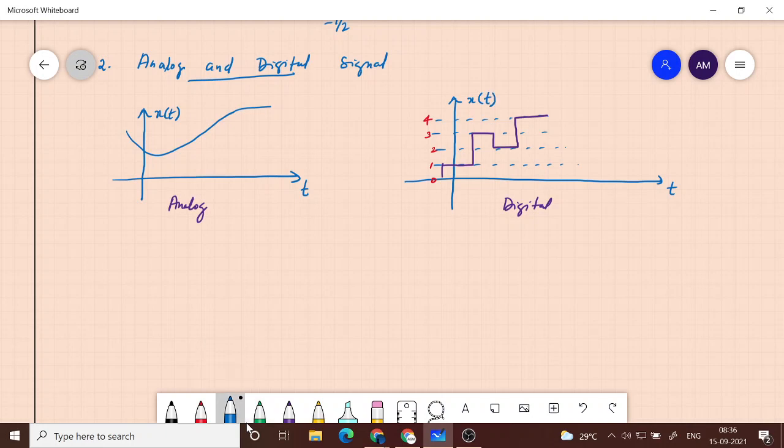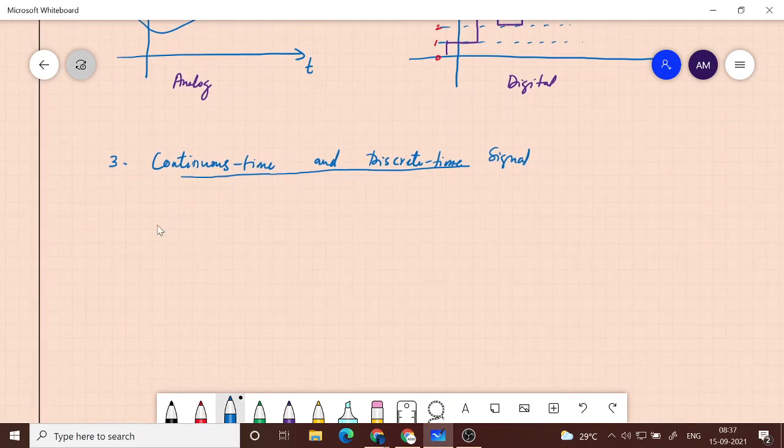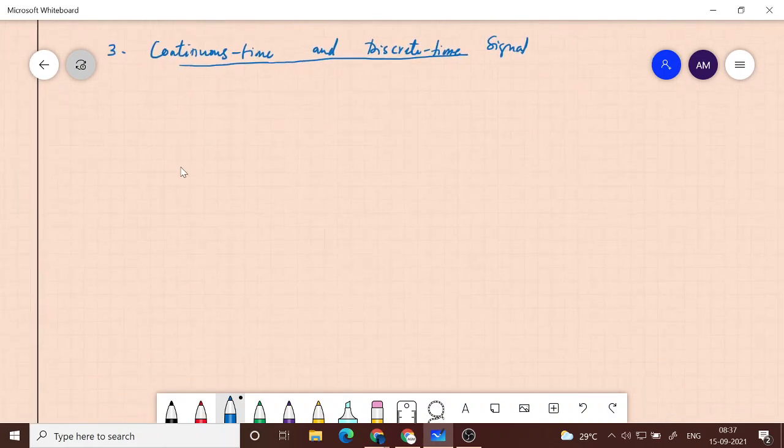A third classification is into continuous time and discrete time signal. As the word time enters into the name of the category, you can understand that we are not talking about the amplitude of the signal here, we are talking about the independent variable t.